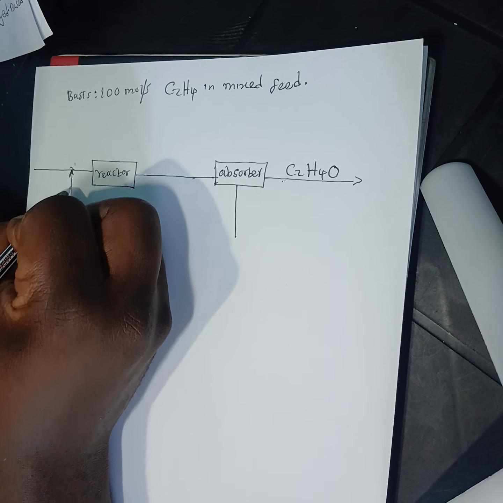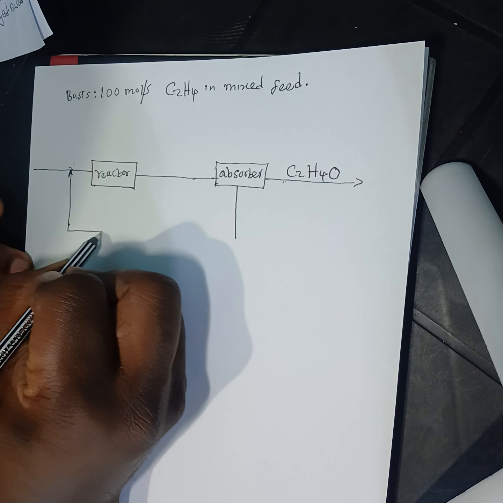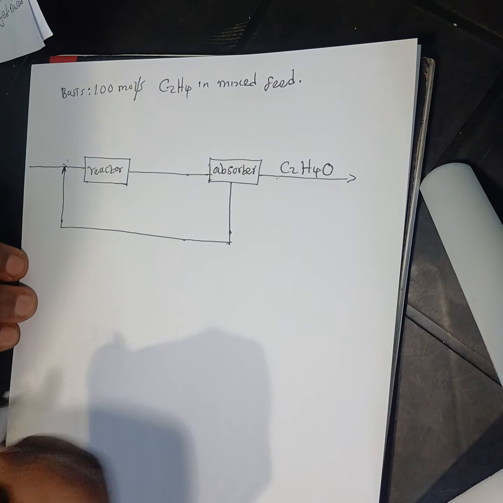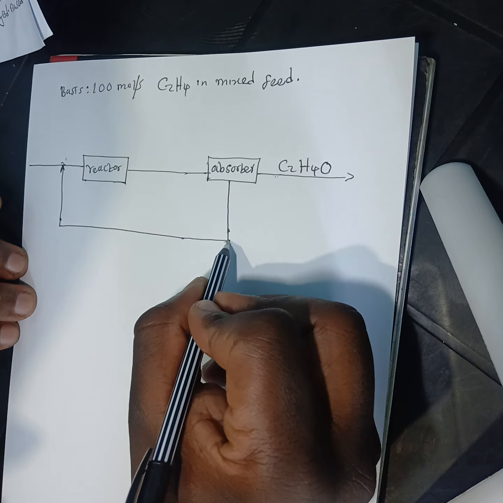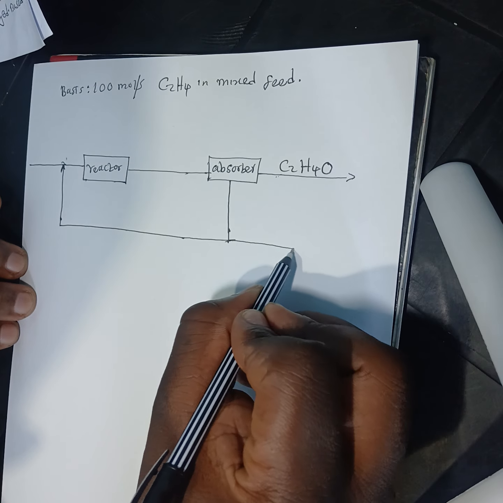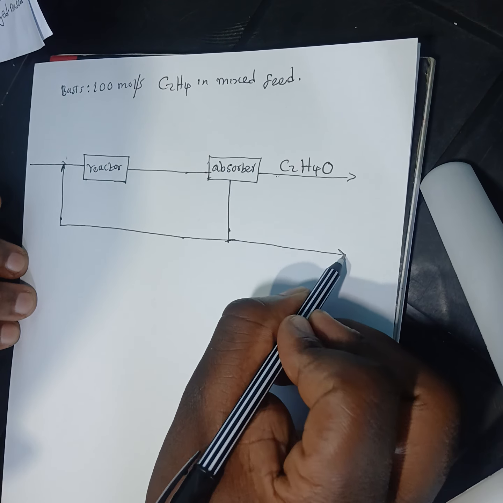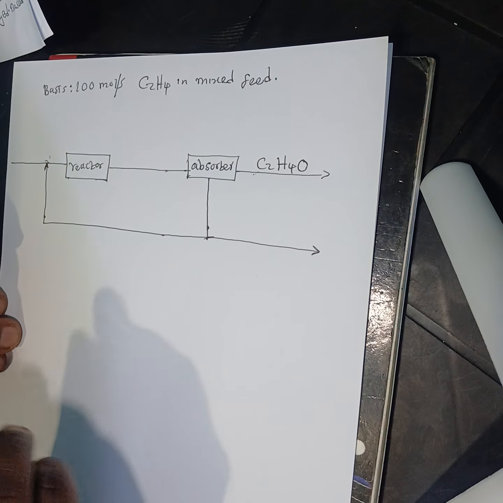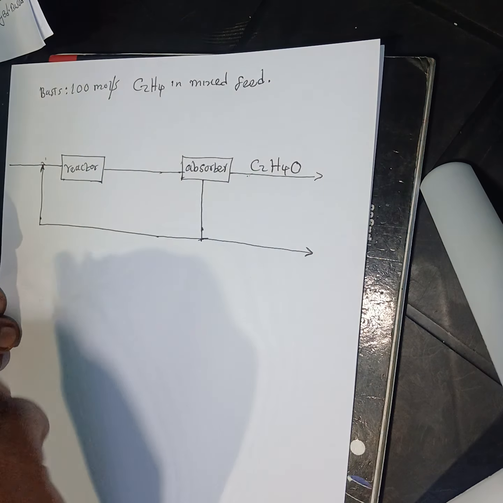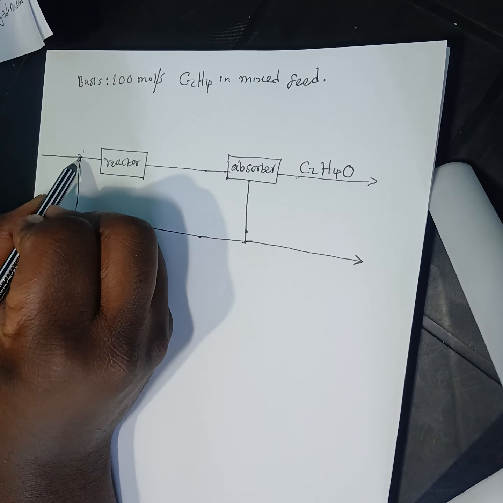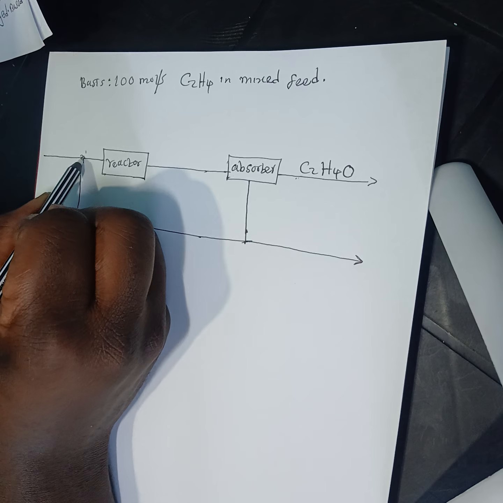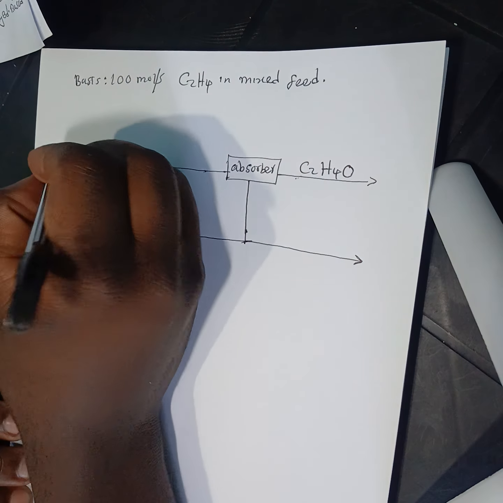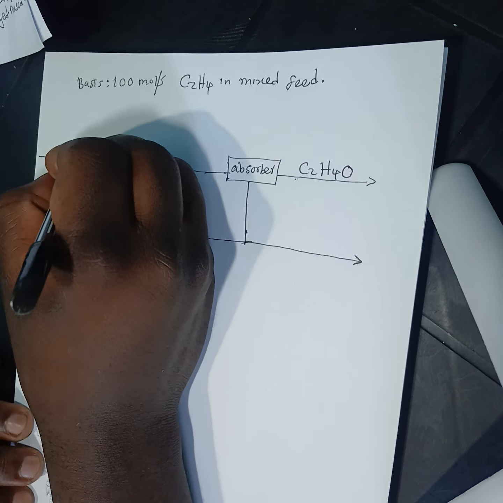So now this is the recycle stream, but we are being told that a fraction of the recycle stream was what? Purged. Okay, that's the purge. At this point, we say we have a mixer, of which degrees of freedom analysis, I have already done that, and this problem can be solved.